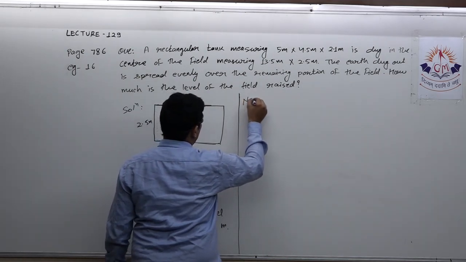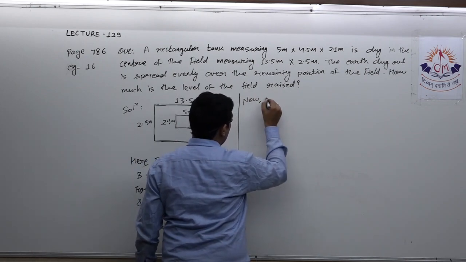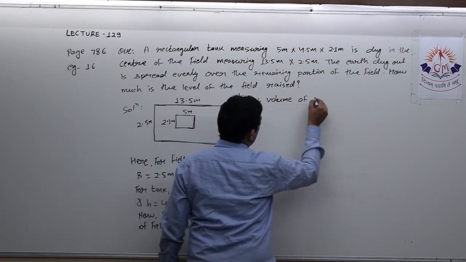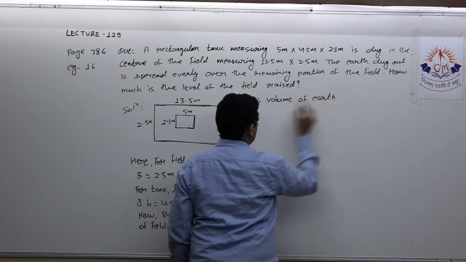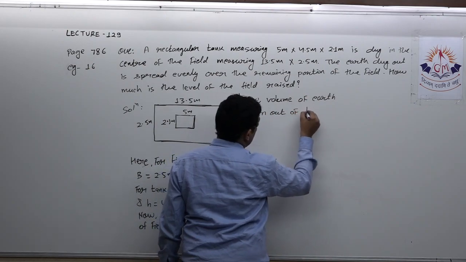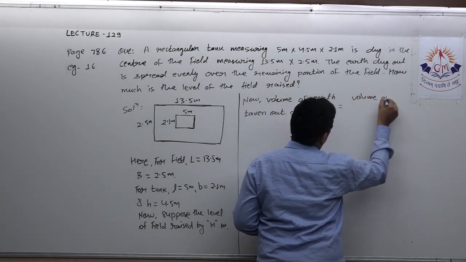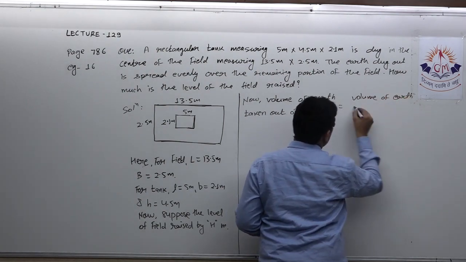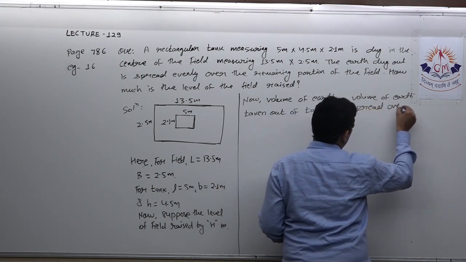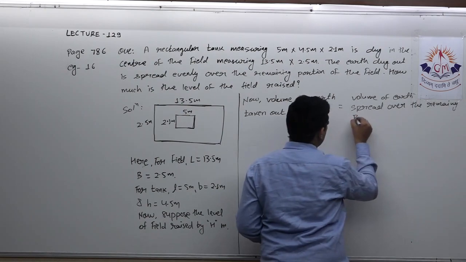Now, volume of earth taken out of the tank is equal to volume of earth spread over the remaining portion of the field.